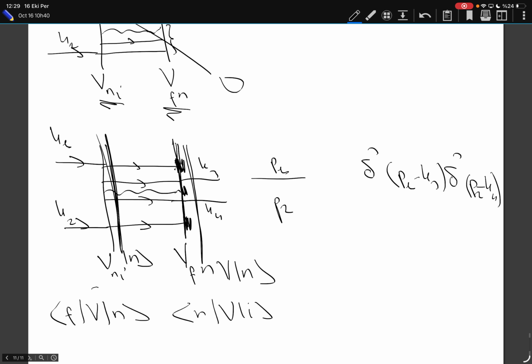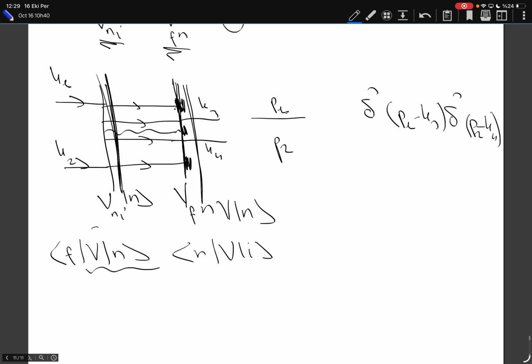V acting on N, this V acting on N. And V acting on N is K3, K4. My final state is P1, P2. So either P1 is equal to K3 and P2 is equal to K4, or the other way around.